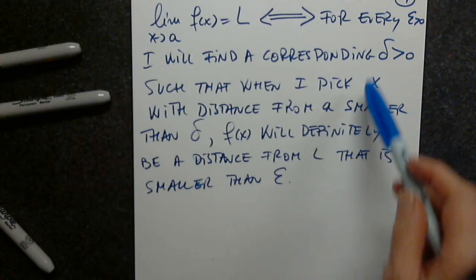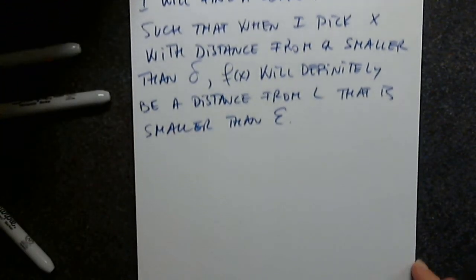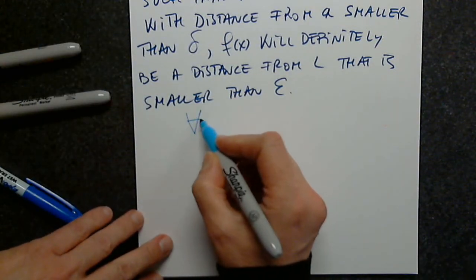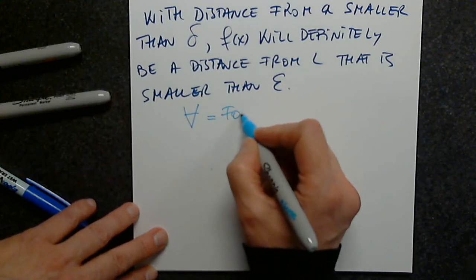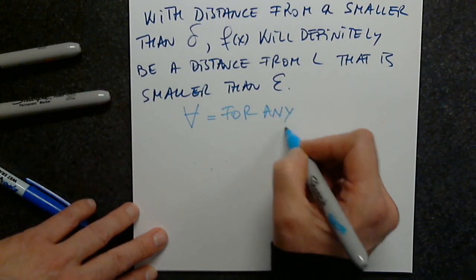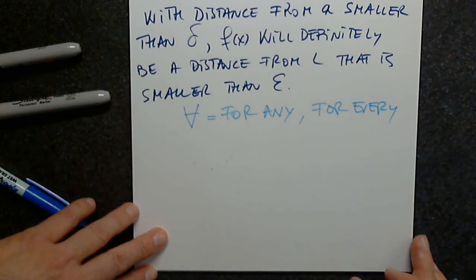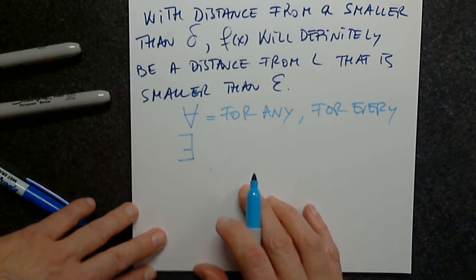We're not going to write this. We're going to write something which I hope you're going to find much easier. But I have to show you three mathematical symbols. This mathematical symbol stands for every or for any. This mathematical symbol stands for there exists.